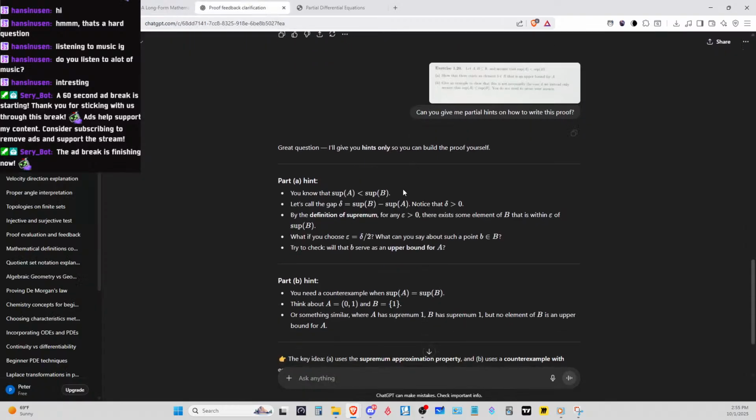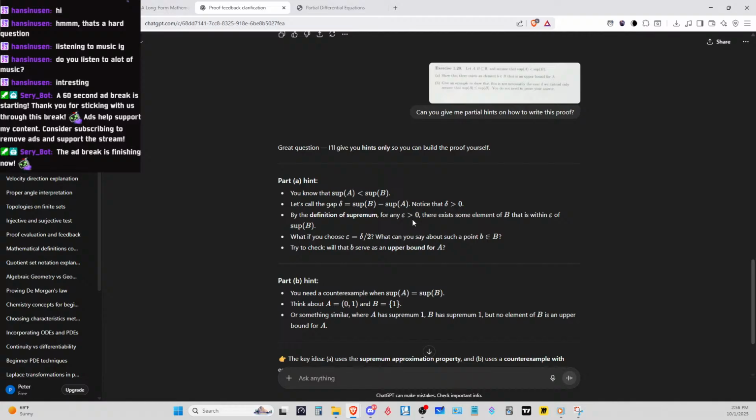So let's see what the hints are. You know the supremum of A. Let's call the gap delta, and notice that delta is greater than 0.